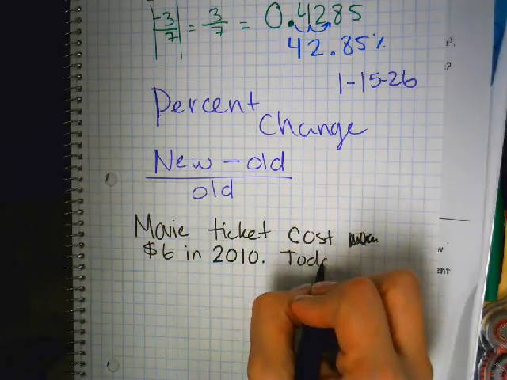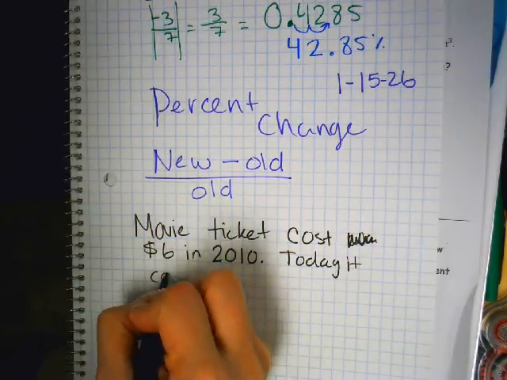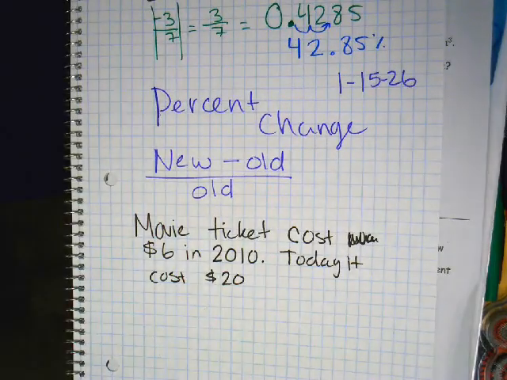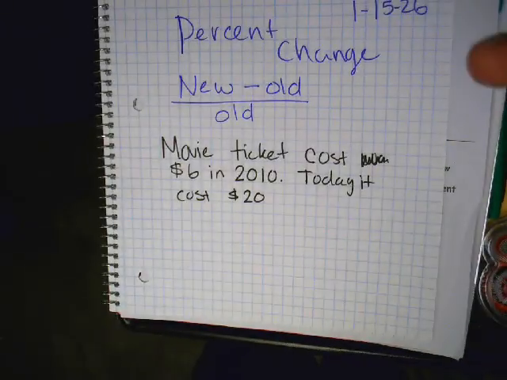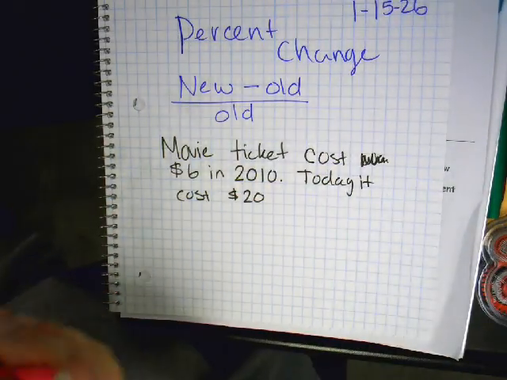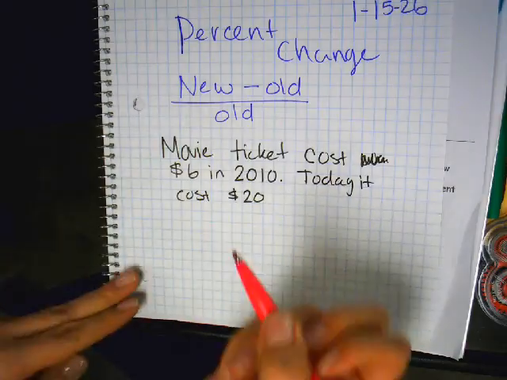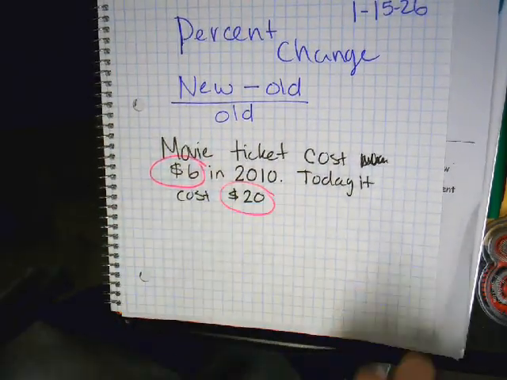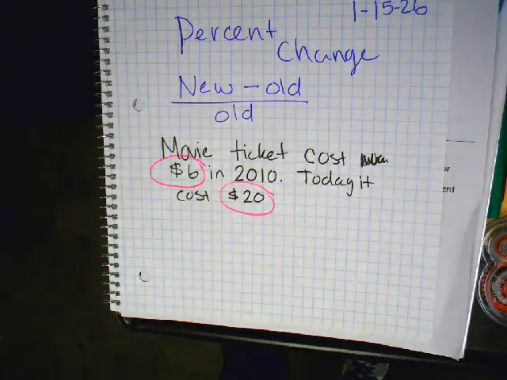Today it cost $20. Okay. Movie tickets have increased a lot. Now, when you read the problem, you have to figure out what's the new price, what's the old price. So circle 6, circle 20. Those are my 2 numbers. Which one's my new, which one's my old?